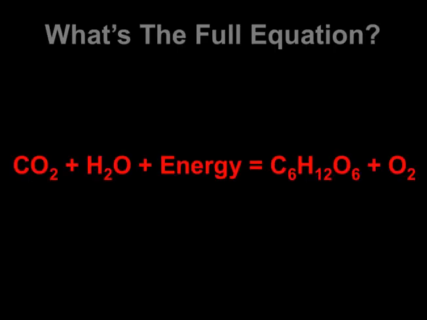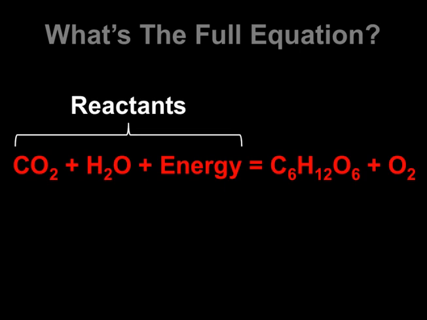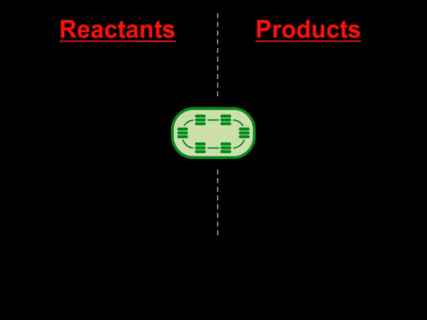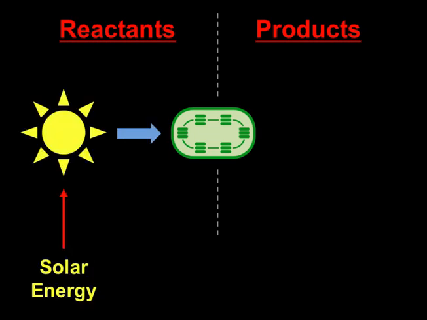So here's the full equation. We're going to take our reactants, carbon dioxide, water, and energy, and when combined, they create our products, glucose and oxygen. So if we look at this in a more graphical way, we have our chloroplast in the middle because this is where the reaction happens. So solar energy is going to go into the chloroplast.